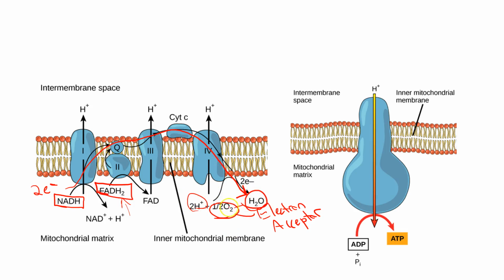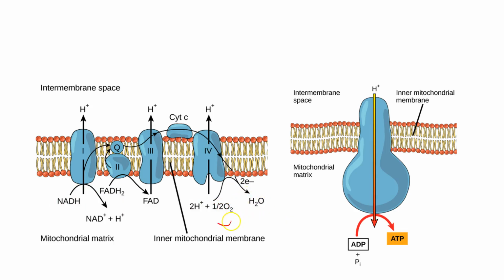Okay, it's kind of written in a weird way, but basically what happens is electrons and hydrogens get added to oxygen to make water. So another question I have is, where is all this oxygen coming from? And the answer is, you're breathing it in right now, okay?